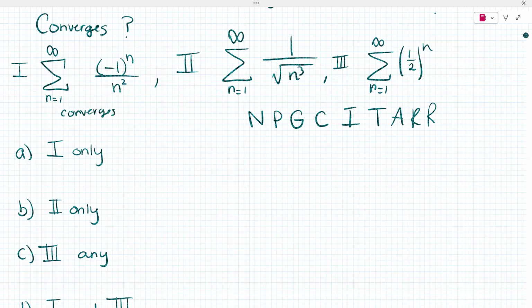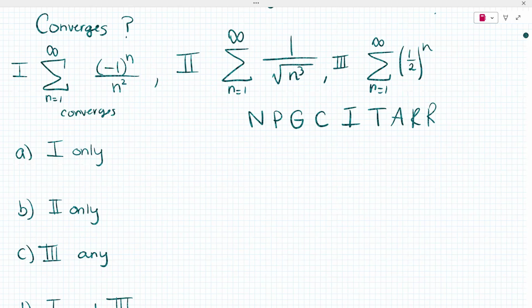What about Roman numeral 2? We have 1 over the square root of n cubed. So we could write that as a p series, right? The reason why Roman numeral 1 converges is because it's an alternating series, because it has that negative 1 raised to the n. So we know that converges.